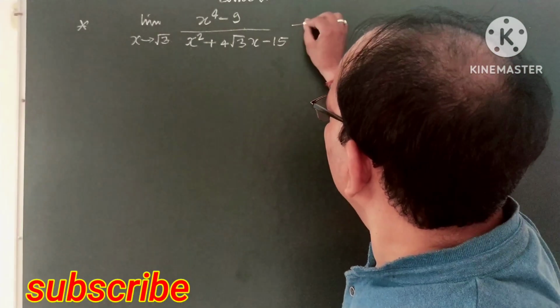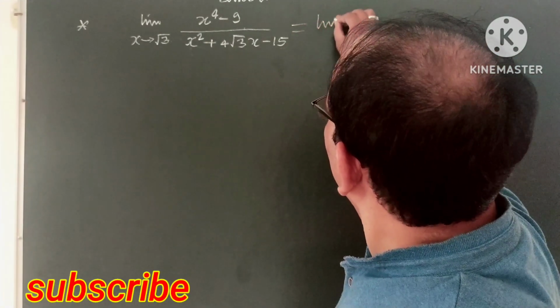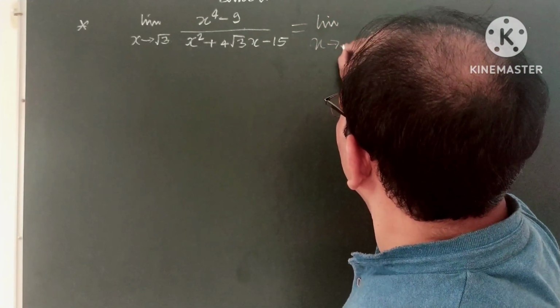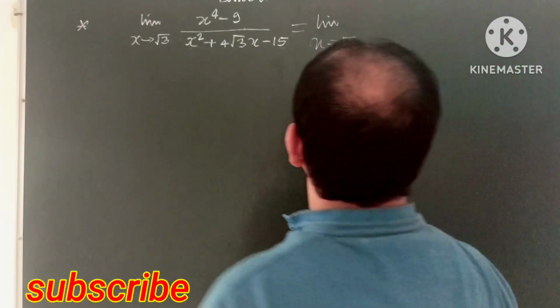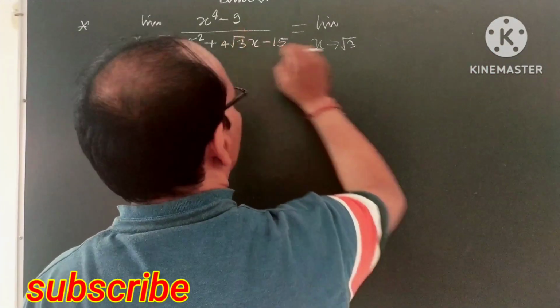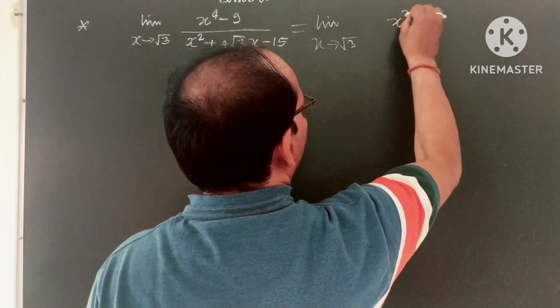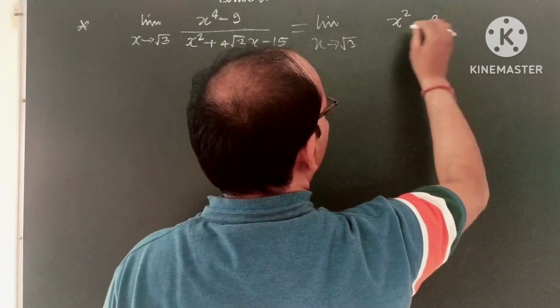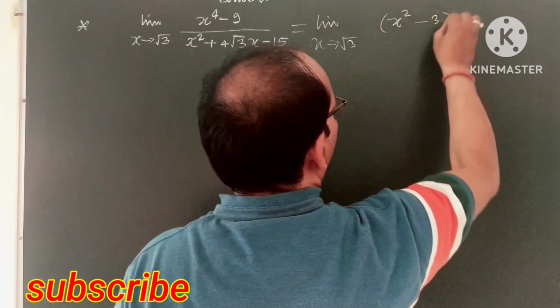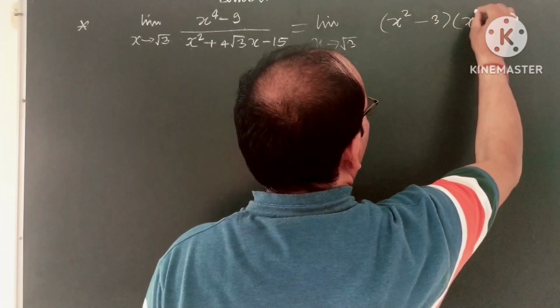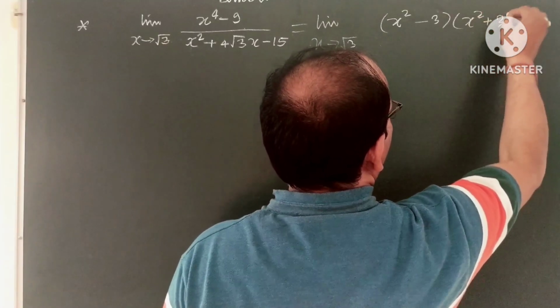Therefore, limit x tends to root 3. There will be x raised to 4 minus 9, write as x square minus 3 and x square plus 3.